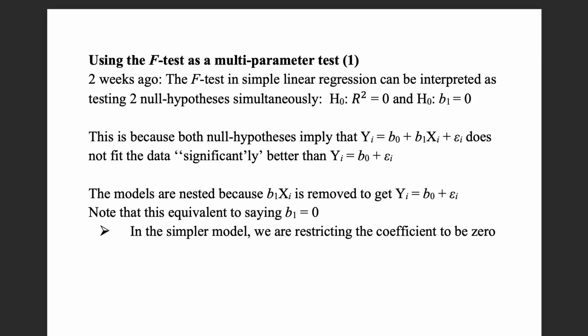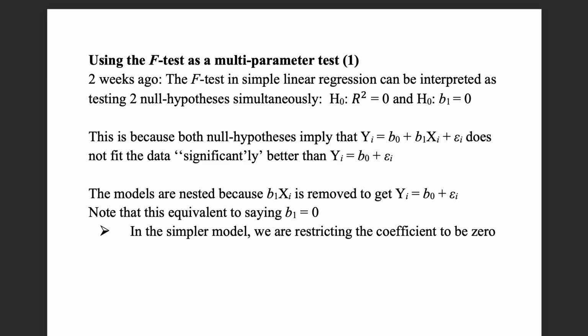So only if the regression coefficient is 0 is that entire b1xi part of the model also identical to 0. So in other words, what we are doing with the simple model, in statistical terminology, is restricting the coefficient to be 0. We are restricting our b1 coefficient to be 0. Restricting meaning that we force it to take one single value, the value 0 in this case.